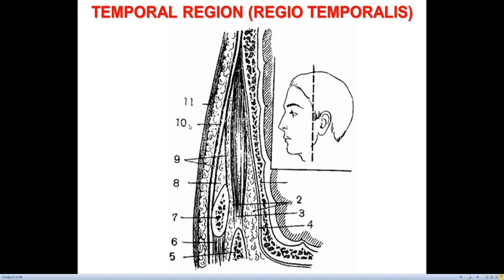Fascia propria, the temporal fascia, is an aponeurotic layer which starts from the superior temporal line, and in the inferior one-third region is divided into two layers, one superficial, one deep, to form a space between them.